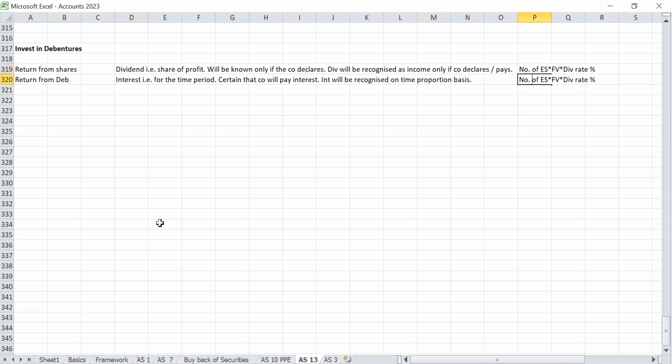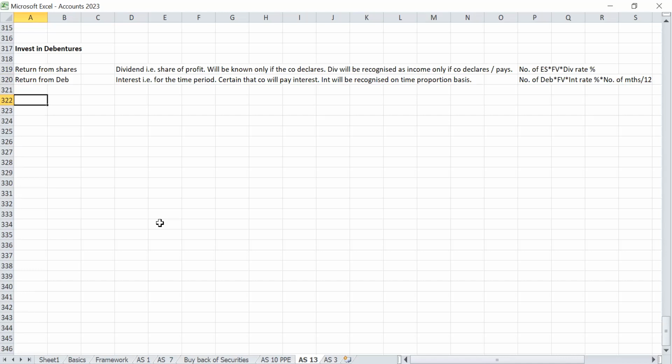Like that, here also: number of debentures into face value into interest rate into number of months by 12, because I am recognizing on a time proportion basis. If you are holding for 3 months, 3 by 12. If I am holding for 12 months, 12 by 12. Like that it will come.